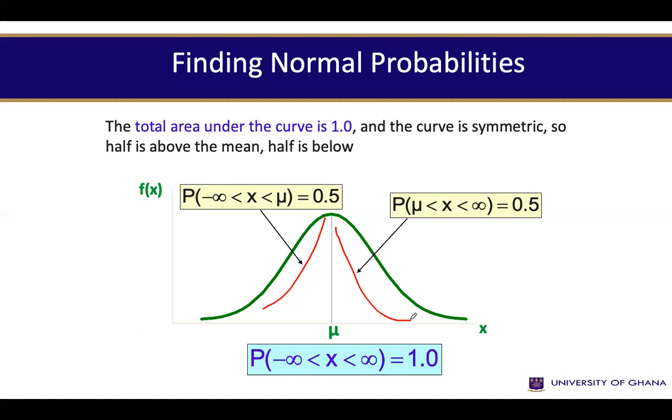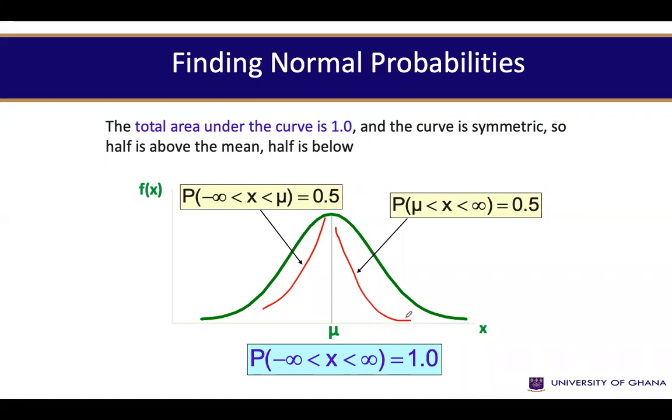So in this case, the total area under this curve is 1, and because it is symmetric, it is half above the mean and half below the mean.